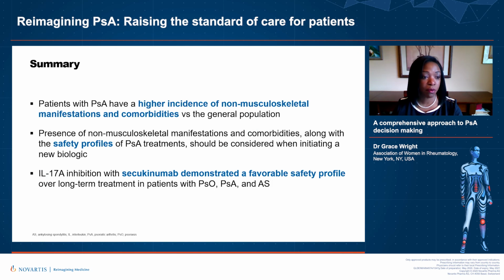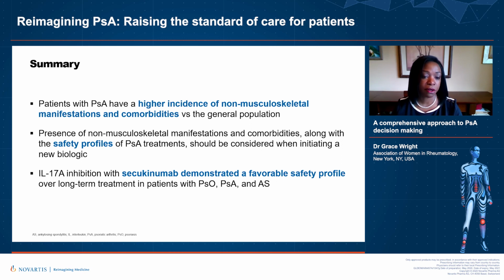So in summary, what we have shown is that patients with psoriatic arthritis have a higher incidence of non-musculoskeletal manifestations as well as comorbidities compared to the general population. And in fact, the presence of these non-musculoskeletal manifestations, as well as the various comorbidities that our patients experience, along with the safety profiles of the psoriatic treatments, should be considered when initiating a new biologic.